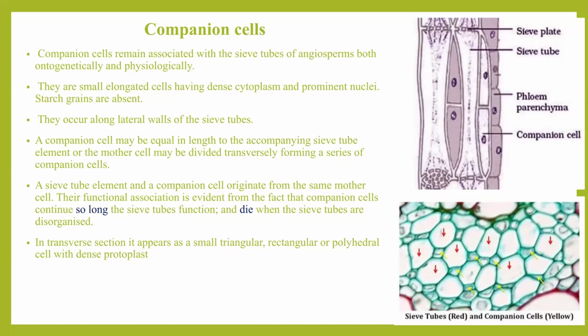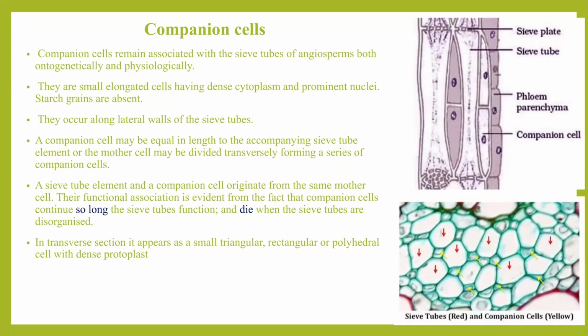The functional association is evident from the fact that the companion cells continue as long as the sieve tube functions. If the sieve tubes are disorganized, the companion cells also disappear.